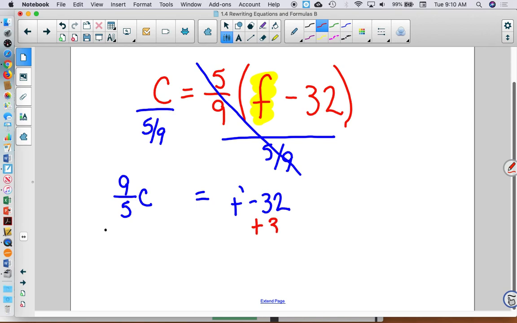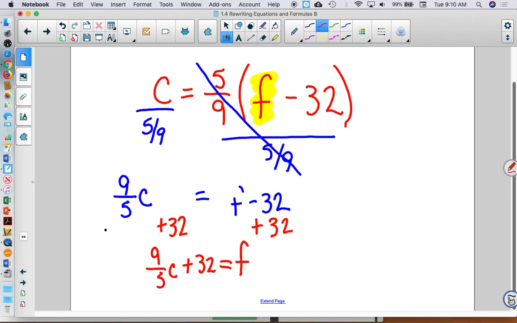Plus 32 to both sides. I have 9/5 C plus 32 equals F. And that's as far as I go. I solved for the letter F.